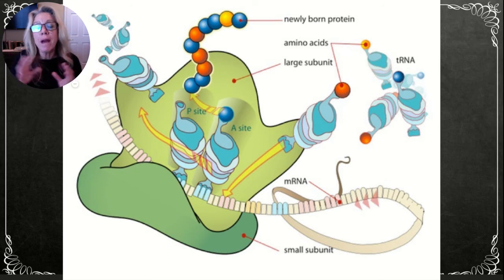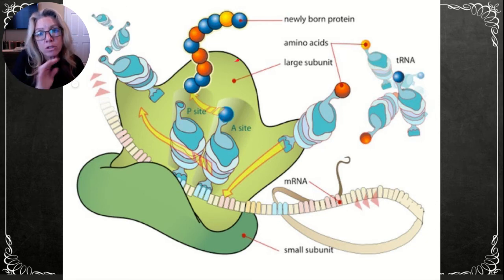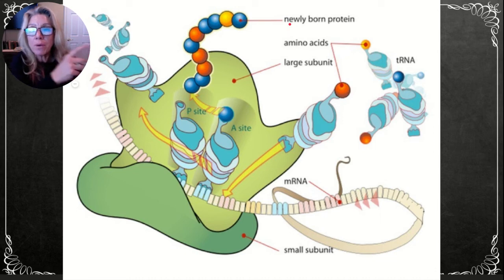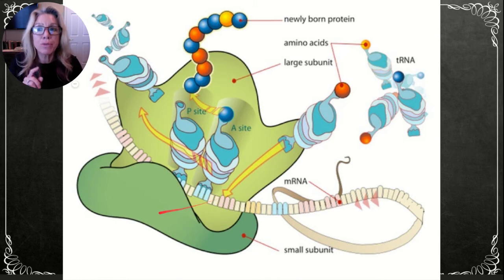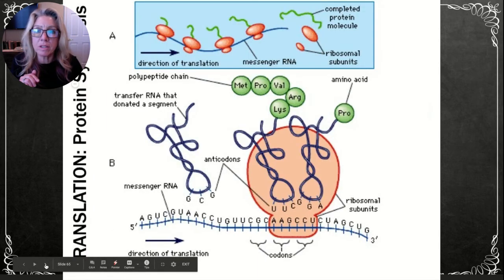That will keep happening until one of your codons is a stop codon. Now, when the tRNA dumps his polypeptide chain onto the new guy, he doesn't have an amino acid anymore. He's going to need to go and work with an enzyme to put the correct amino acid on the correct tRNA. So when they come, they're delivering the right amino acid to the system.